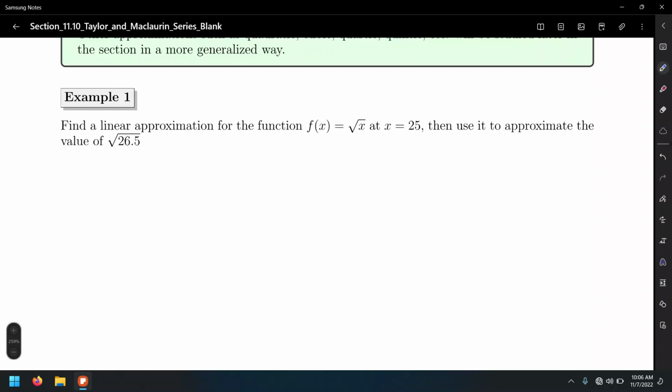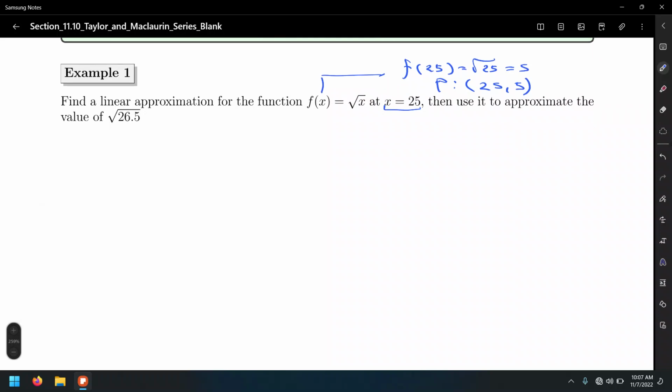We're just given the x value, so we need to find the y value by plugging x into the original function, which happens to be 5. So the point will be (25, 5).